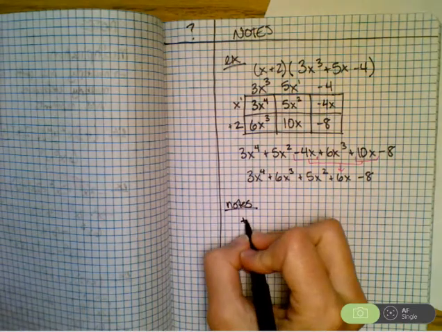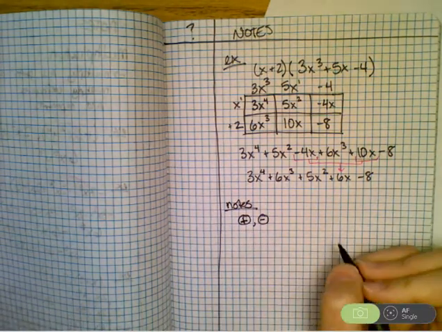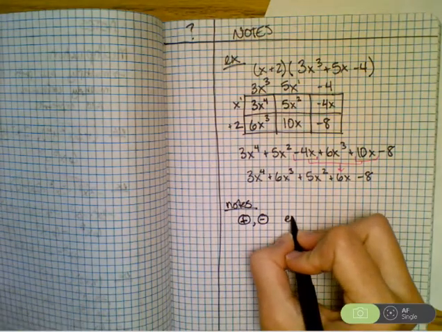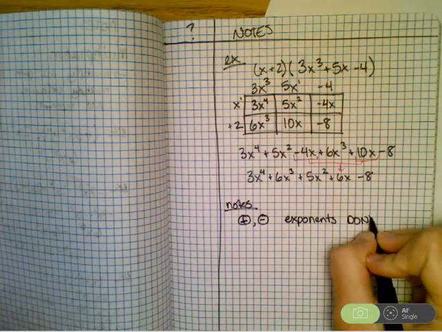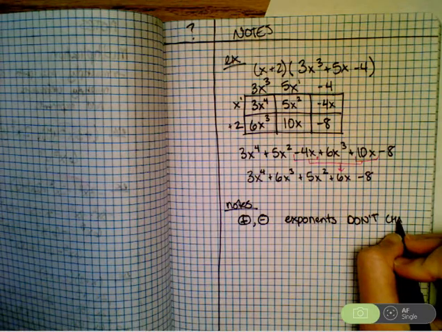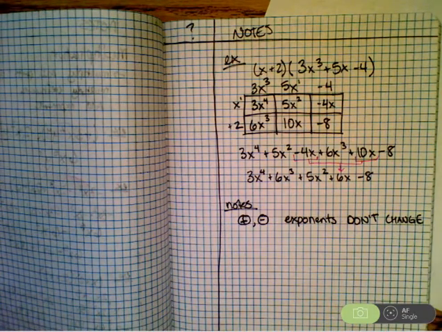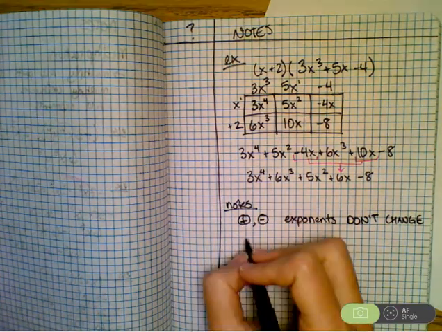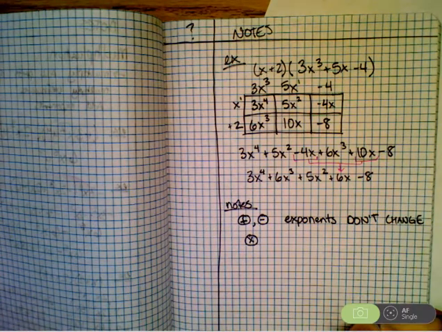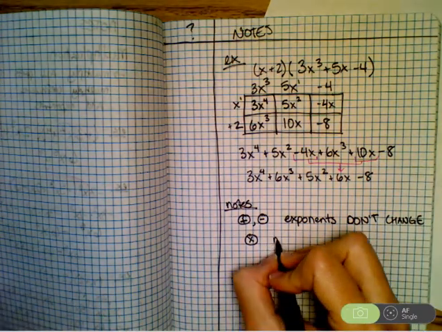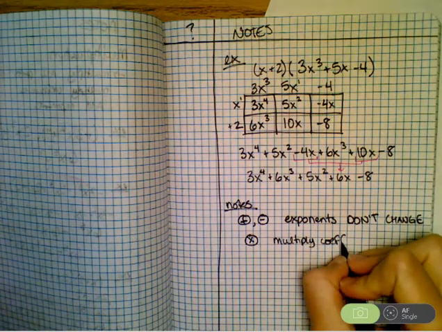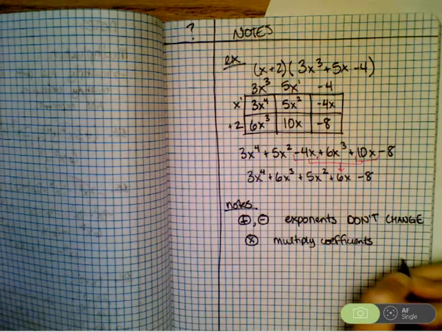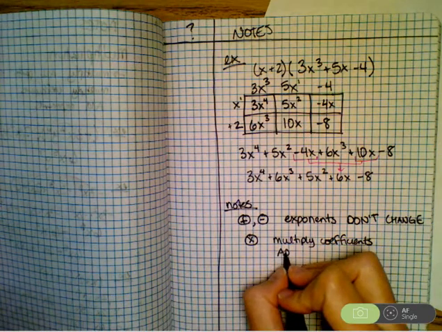When you add or subtract polynomials, the exponents don't change. And I'm writing this out because these are common mistakes people make. When you multiply polynomials, you multiply the coefficients, or the numbers in front, and again you add the exponents.